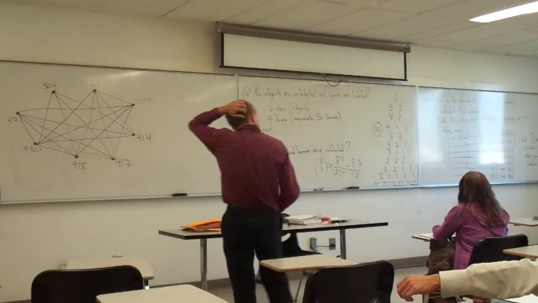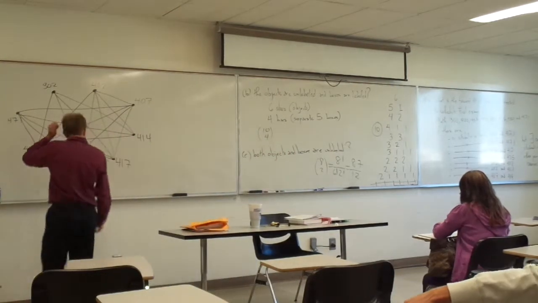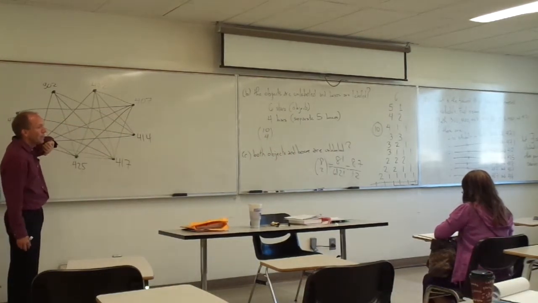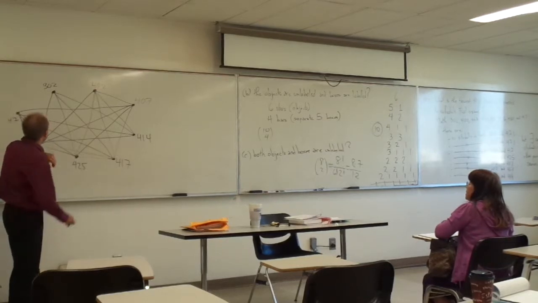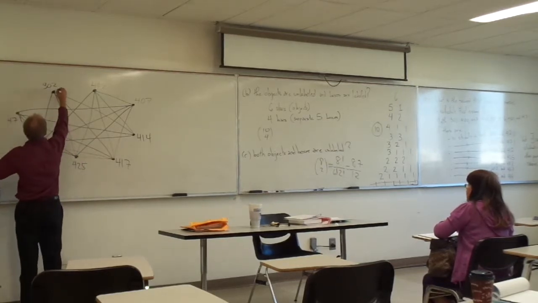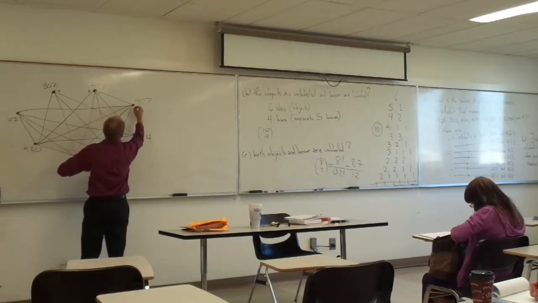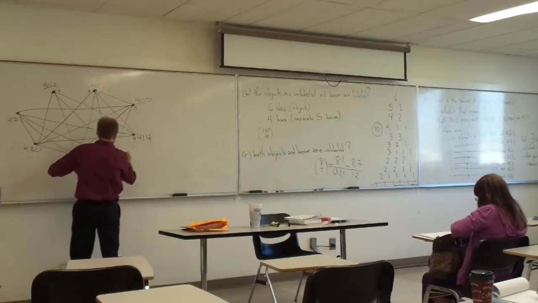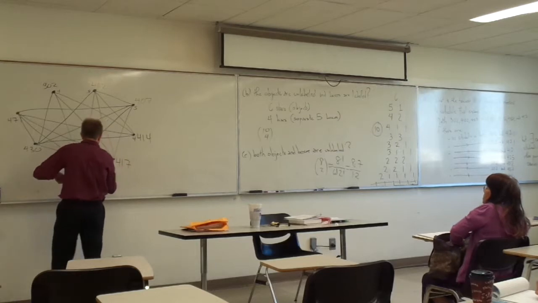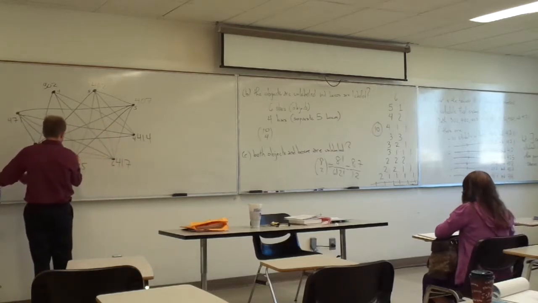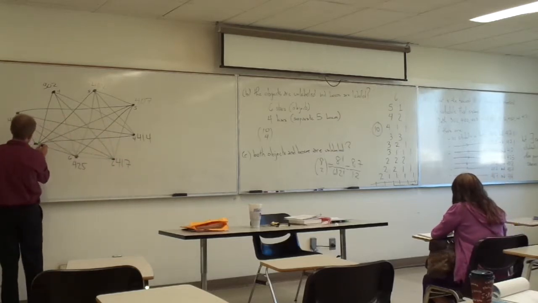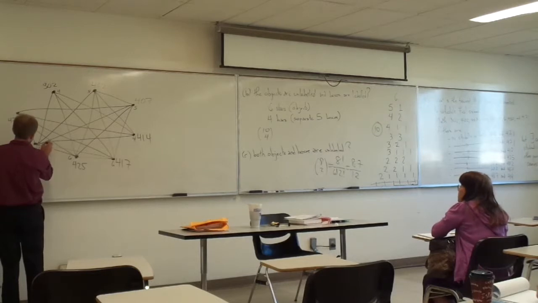Oh, by the way, how can I check and make sure that I got 21 edges on here? Right, find the degrees of the vertices. So this one has degree 4, this one has degree 5, this one has degree 5, this one is 4, this one is 6, this one is 6, this one is 2, 3, 4, 5, 6, 7, right?